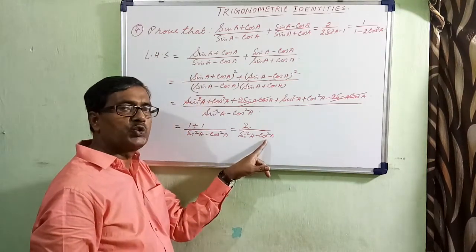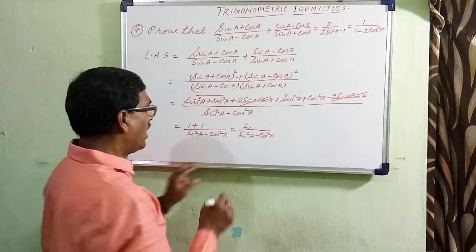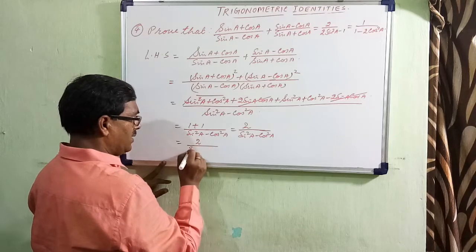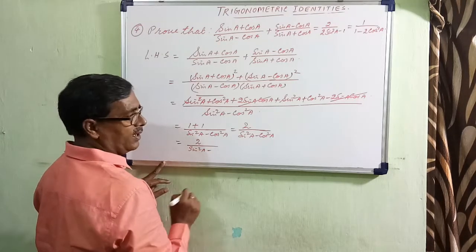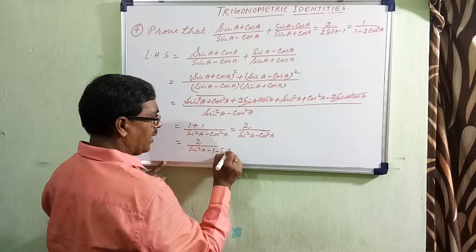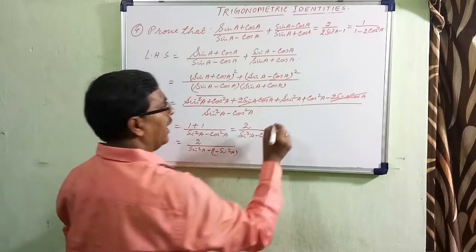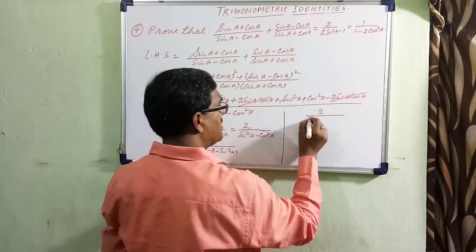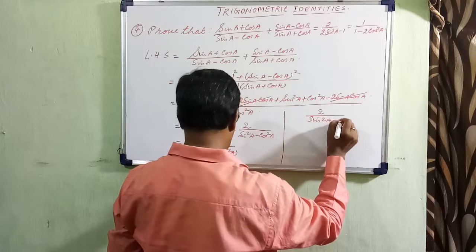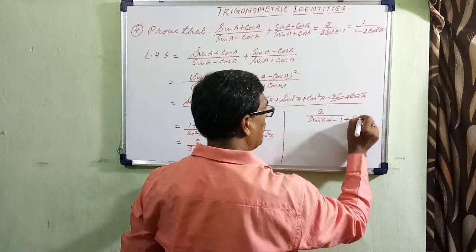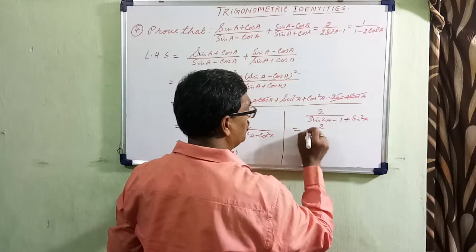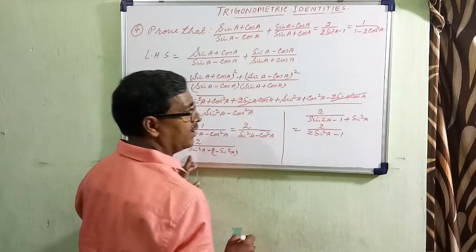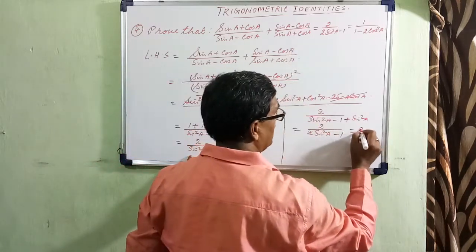This cos square A should be converted into sin A. How can you do it? 2 by sin square A minus (1 minus sin square A), so it will be 2 by sin square A minus 1 plus sin square A. What do you notice? 2 by 2 sin square A minus 1, and that is your first RHS.